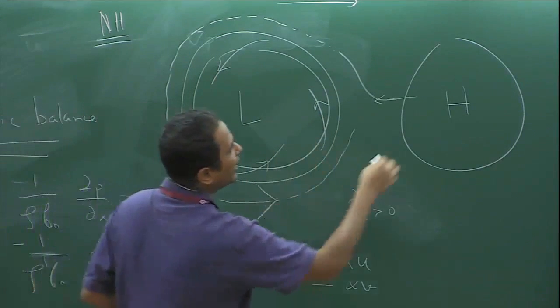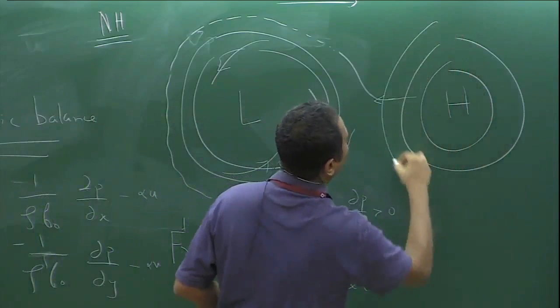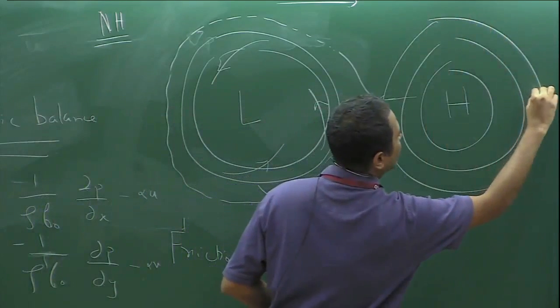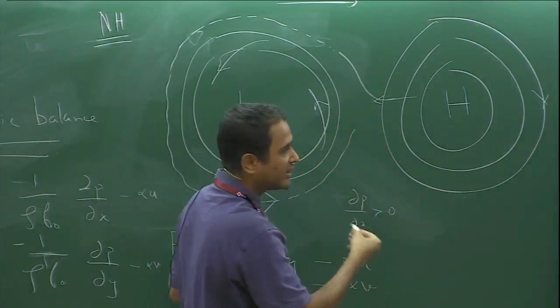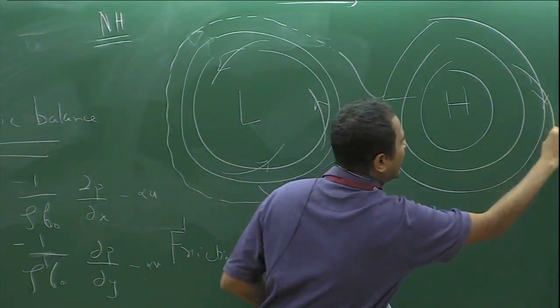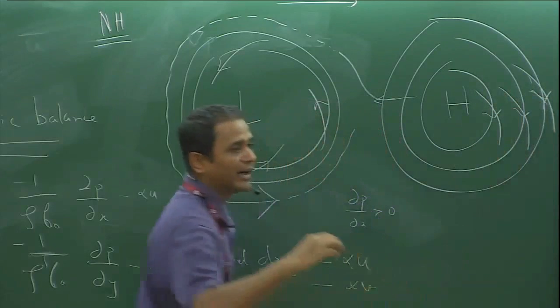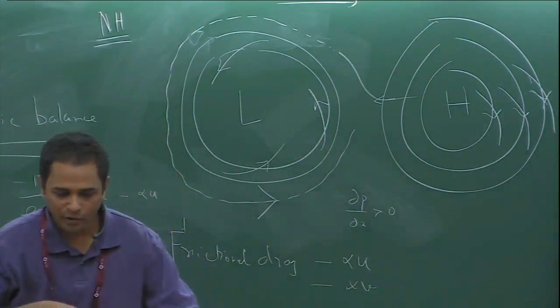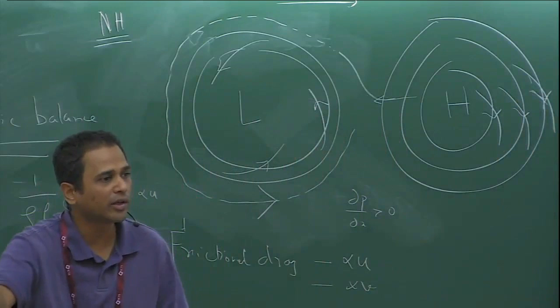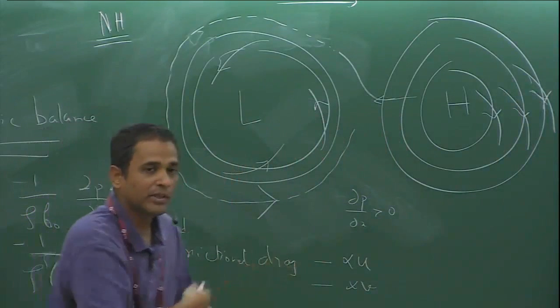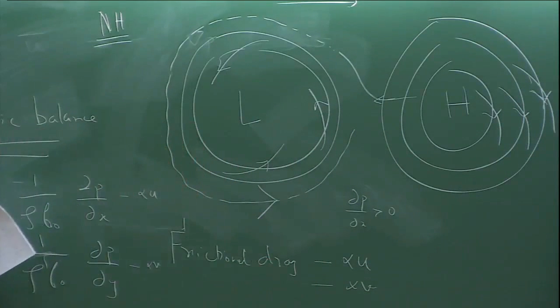In the same way, if you take contours of high pressure over here, you will get flows that are moving in a clockwise direction, but they will try to spiral outward. So from the high, you get systems that spiral outwards in the northern hemisphere. In the low, you get systems that spiral inward. This is what you expect from a very simple qualitative balance between these terms.